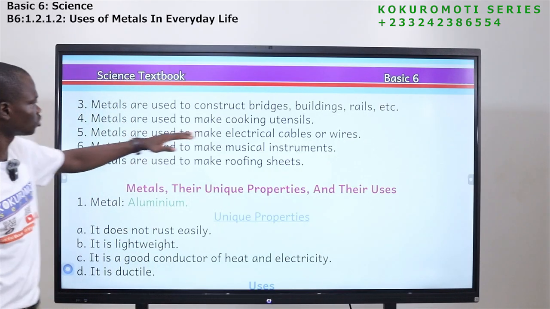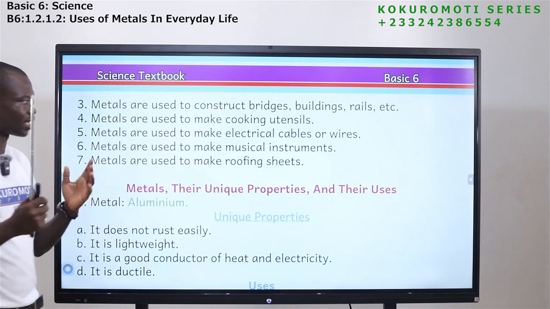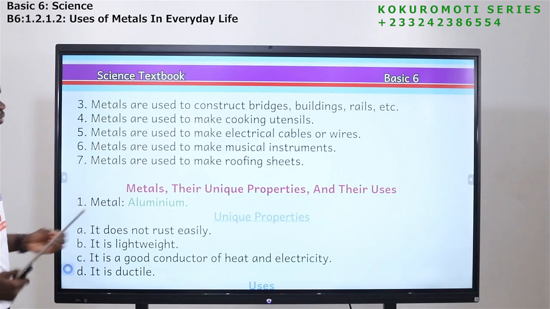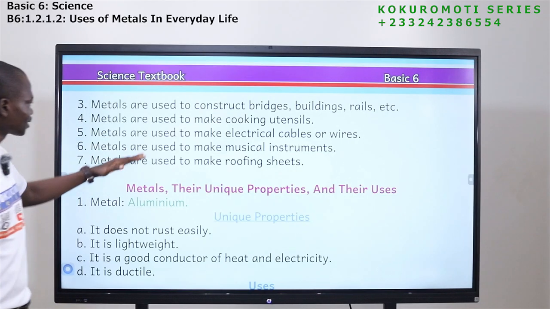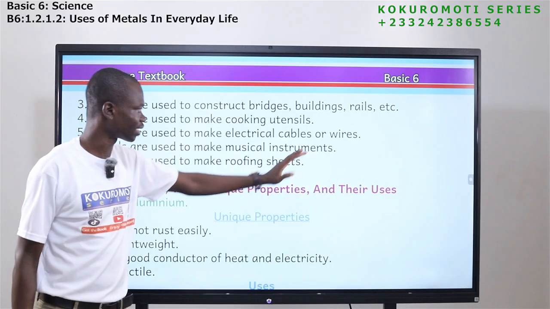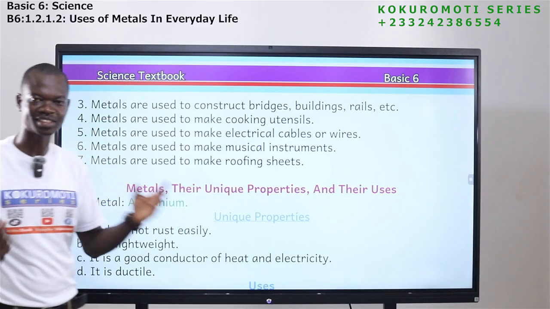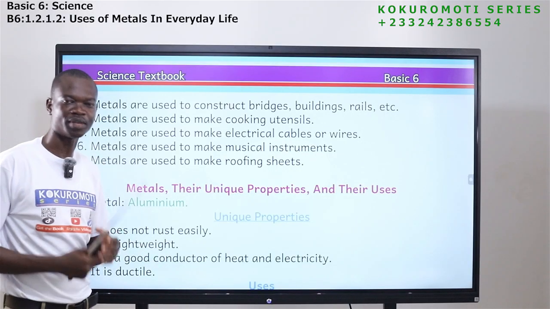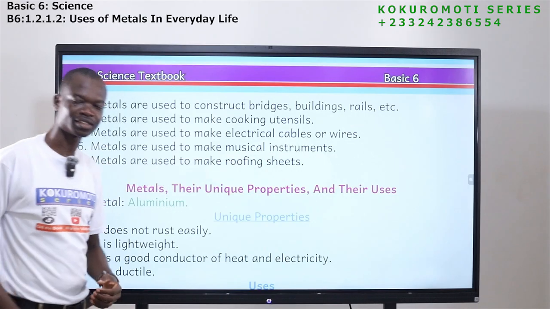Okay, so metals are also used to make cooking utensils. So cooking utensils are made because of what? Metals. We use metals to make cooking utensils. Number 5, metals are used to make electrical cables or wires. So the cables, the wires that we see, our rooms, the wires that we have, they are made of metals. We use metals to make musical instruments.